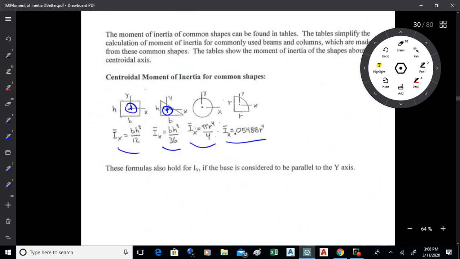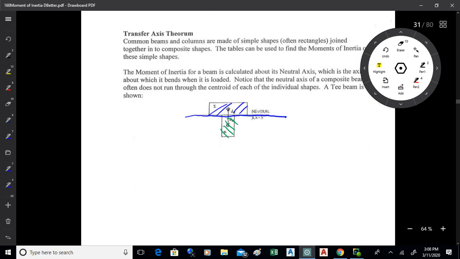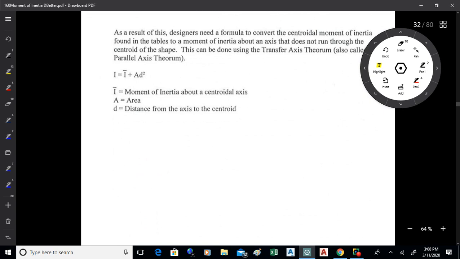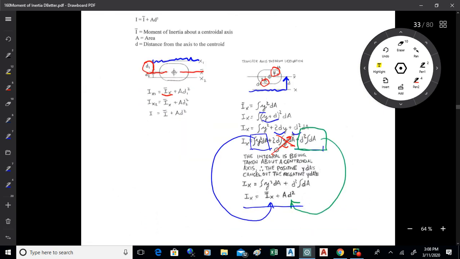We look at tables, and we have standard shapes that a lot of our beams and shapes are made out of, rectangles most particularly, also circles and sections of circles, triangles not so much, but it's possible. So what we do is we put composite shapes together, quite often out of rectangles. They might have some little fillet curves on them where the welding or casting is done to round that out, but normally they're kind of rectangles.